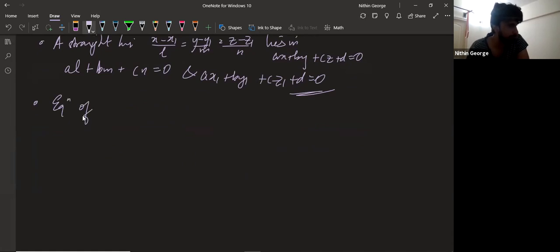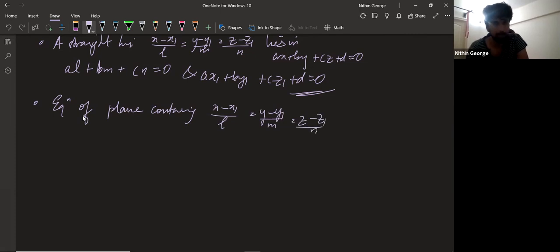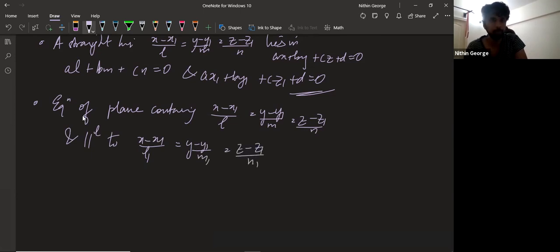Equation of a plane containing a straight line (x minus x1)/L equal to (y minus y1)/M equal to (z minus z1)/N, and parallel to the line (x minus x1)/L1 equal to (y minus y1)/M1 equal to (z minus z1)/N1.